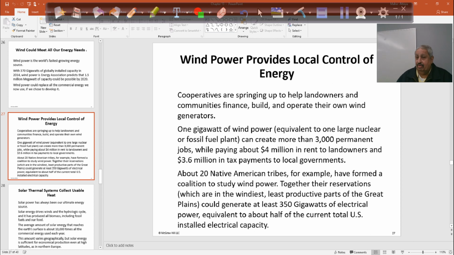One gigawatt of wind power is equivalent to one large nuclear or fossil fuel plant. Now, those two types of plants, the crude oil fuel plants and the nuclear, have the problems we said. Waste, correct?